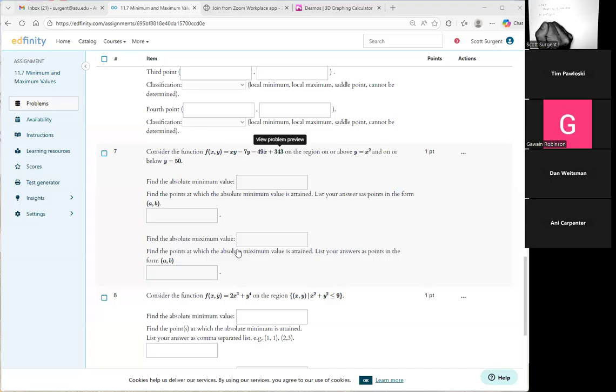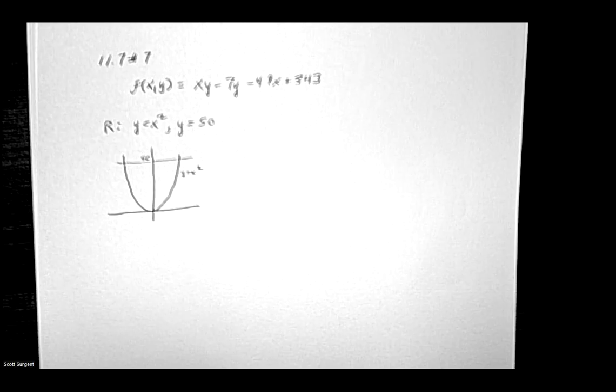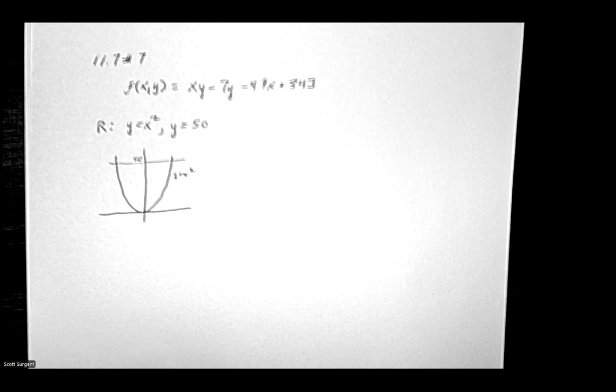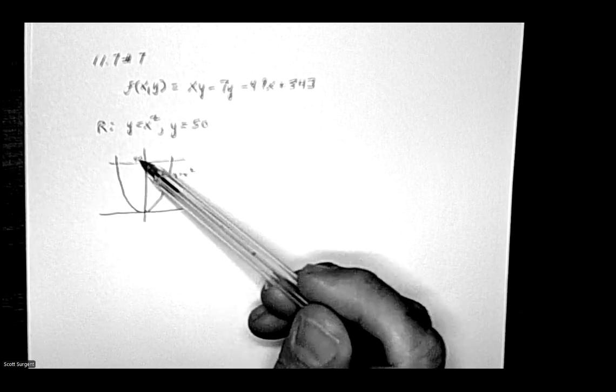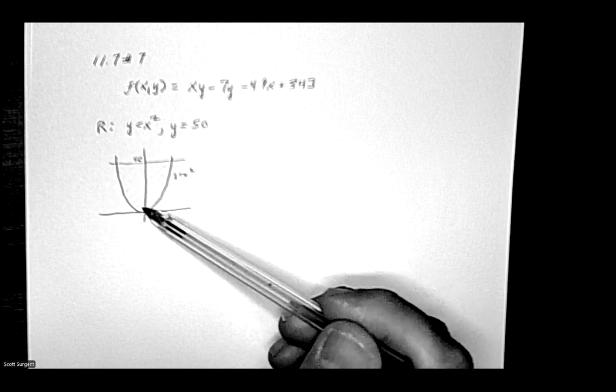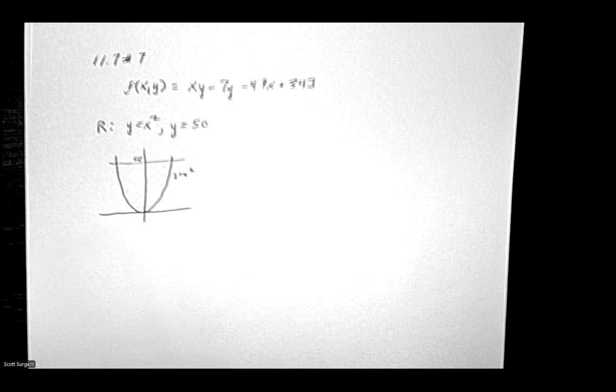If I graph that, it's just a parabola that opens up, and then up here we have a line at 50. Okay, I'm going to stop the share. We want to find absolute min and max. We're constrained to this region and the boundary.